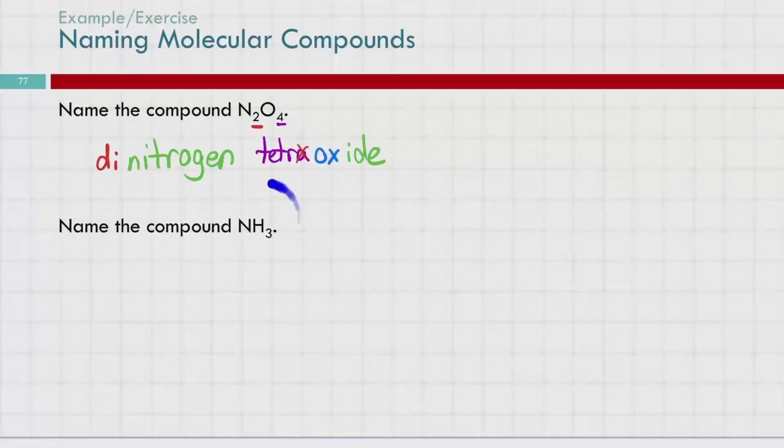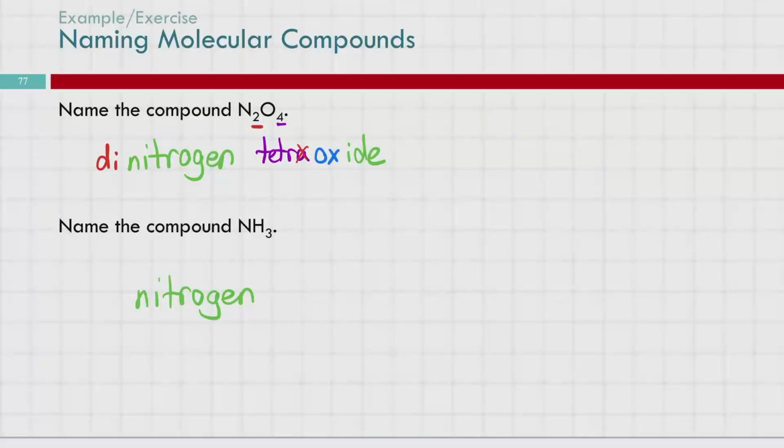Okay, go ahead and try naming the compound NH3. Do not use the common name. There is a common name for this one. All right, what is our first element? It's nitrogen again. So we've got nitrogen. How many nitrogens? One.